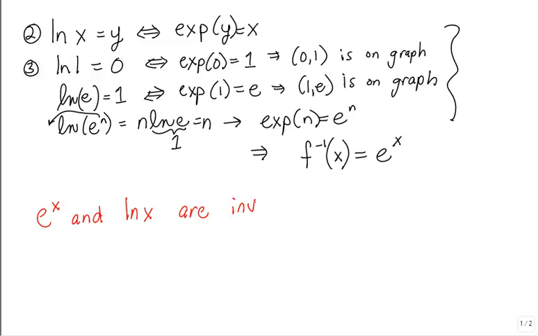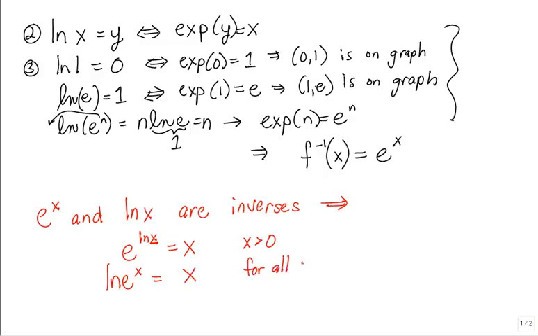That means they undo each other, which if you put them together as functions, we should come back to x as long as x is greater than 0, because you can't take the ln of a negative number. And ln of e to the x, if you combine those two functions in a composition, is x for all x, because e to the x is always positive.